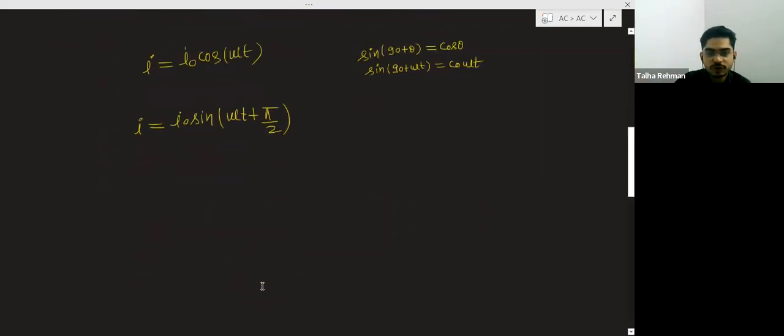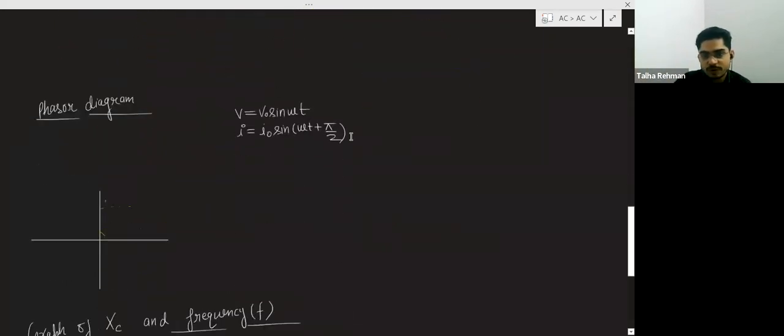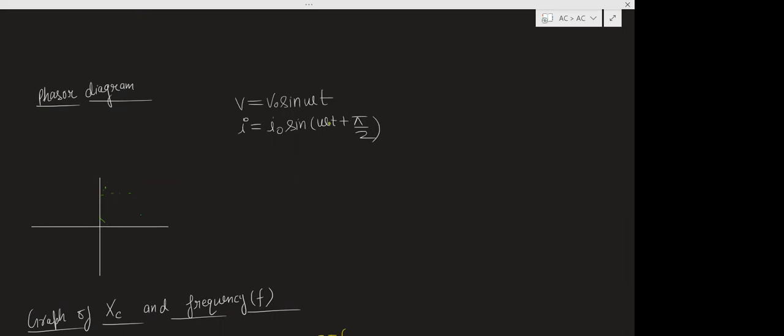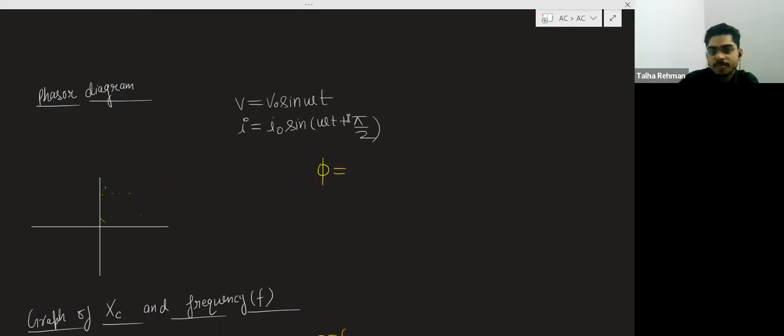Okay, so we will draw the phasor diagram. What we get from the circuit: the equation of the voltage is V is equal to V naught sine omega t, and the equation of the current is I is equal to I naught sine omega t plus pi by 2. If you calculate the phase difference, omega t minus omega t minus pi by 2, you take the mod, and you get the phase difference between the current and the voltage as pi by 2.